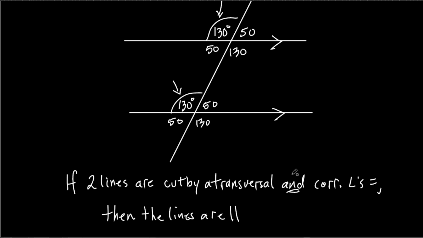Well, we've got a bunch of other things that go from there. Now, that's a postulate. We don't have to prove that. But from that postulate, we can have some other theorems. And so we have a theorem that says this. I'm not going to write it word for word, but we have one that says, if two lines are cut by a transversal, and if the alternate interior angles are equal, so everybody look up here.